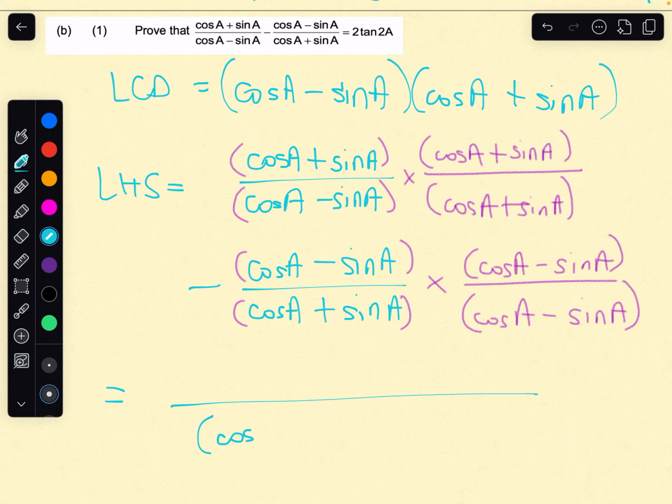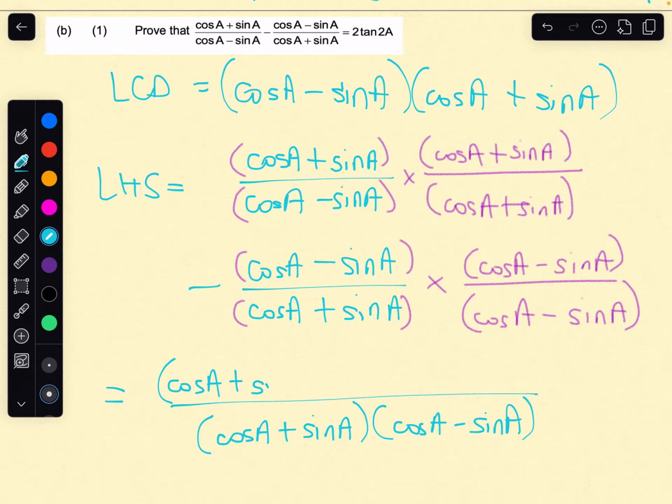Down here I'll just keep this as is for now: cos A plus sin A times cos A minus sin A is the common denominator. At the top, we've got cos A plus sin A times cos A plus sin A, so basically we're squaring it.